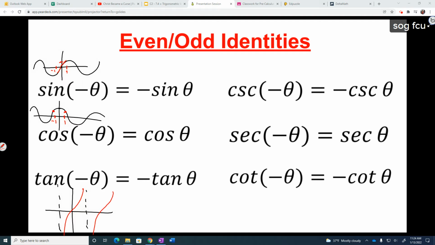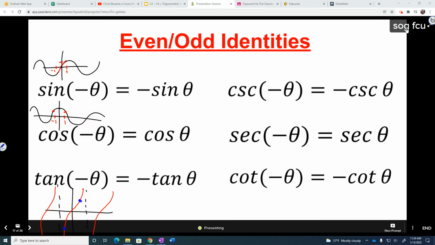It just repeats itself like this. And it's also odd, meaning that if you were to choose the same spot here and negative, there would be opposite signs. That's why that's the case. So that completes the list for now, these 6 right here. We're not going to use all of these today. You might not even ever use one of these, but it's a list that you need to have because you might need to use it at some point. Just like a set of tools that you have, you can plug them in if you need to.